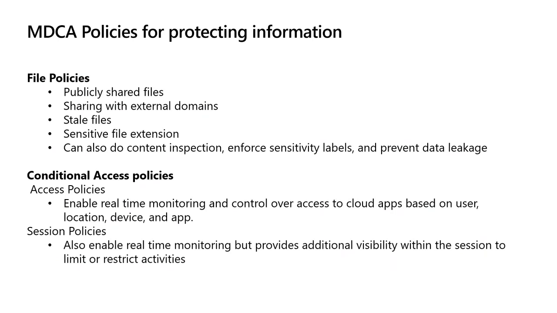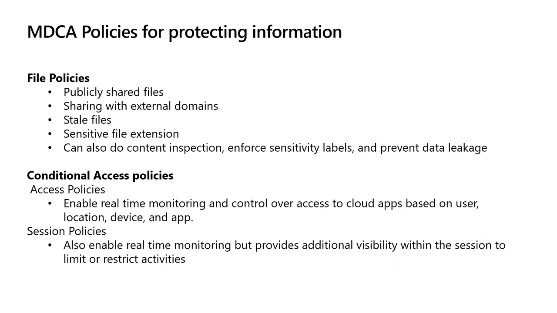You want to discover if there's been file sharing with external domains or if there's stale files. A key capability of file policies is that they can also do content inspection, enforce sensitivity labels, and prevent data leaks.